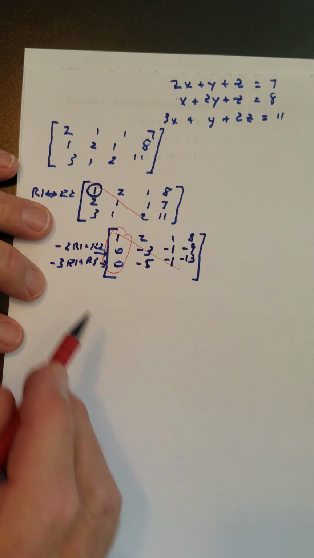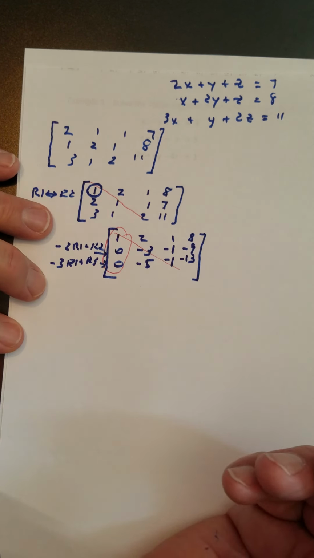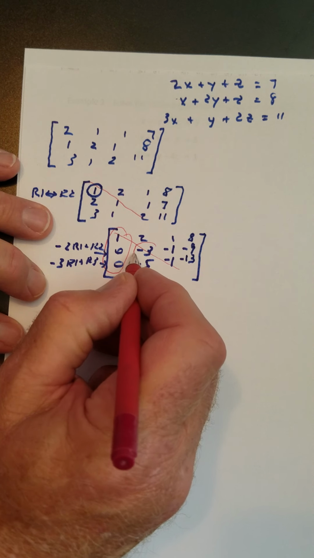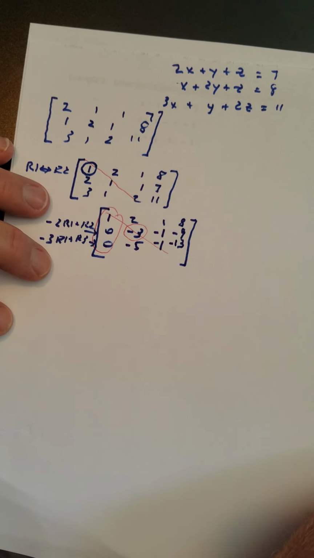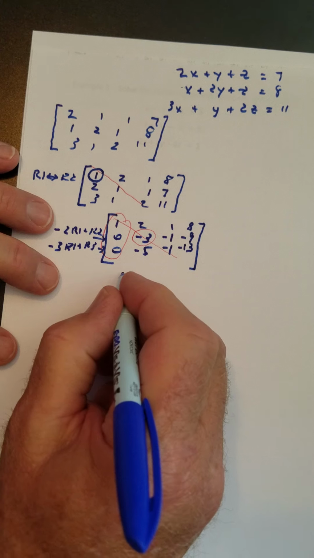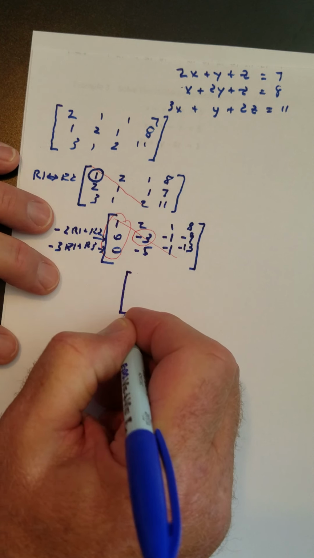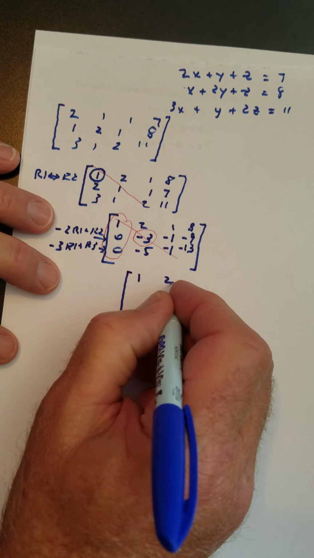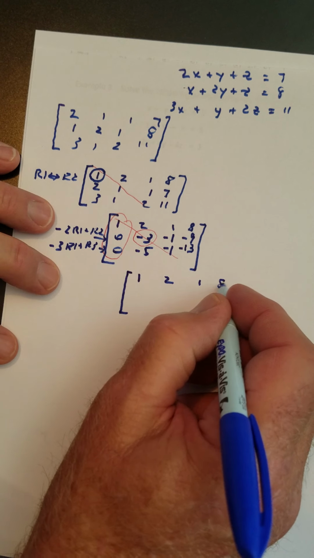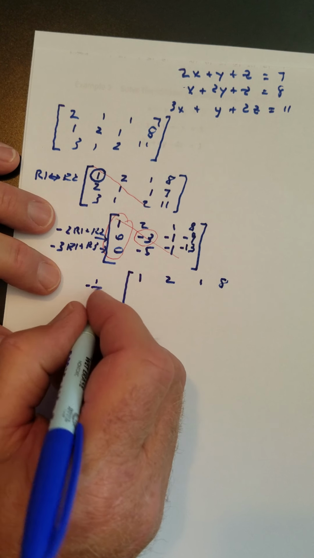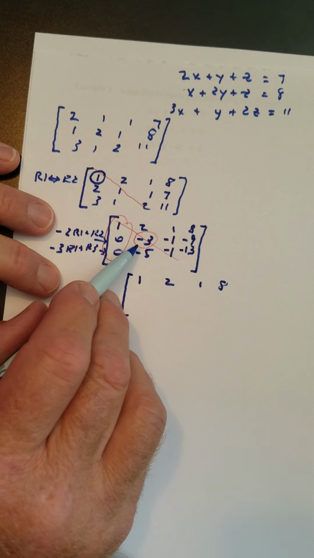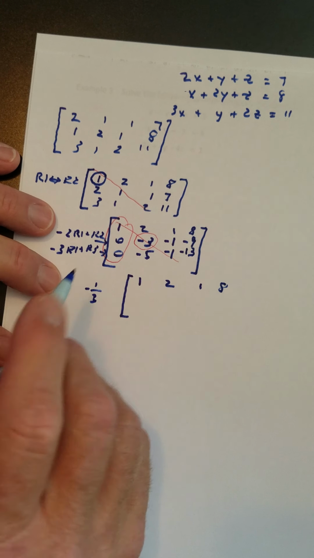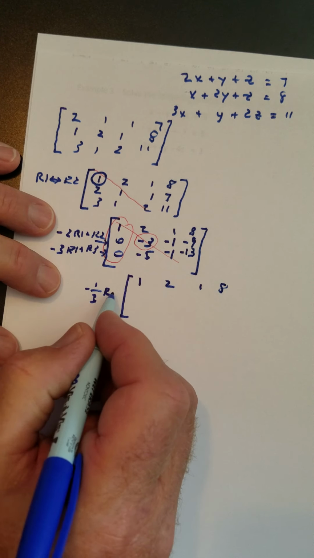What's next? Well, you go to the next row to the right. So where the -3 is, I want to make that into a 1. Unfortunately, I can't switch rows, so now we're going to have to multiply by the reciprocal. So this top row stays the same. I'm going to take -1/3. Since I want to make that into a 1, I multiply by the reciprocal, which is -1/3, times row 2.